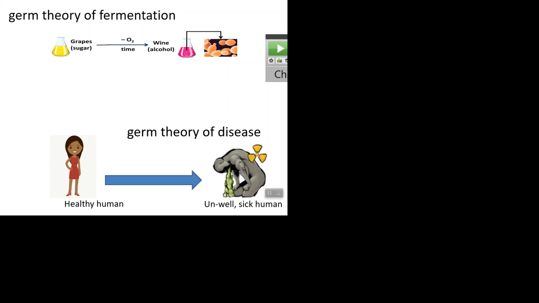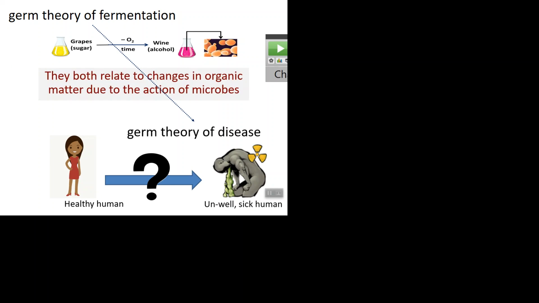Germ theory of disease: healthy human, sick human, excuse the gross picture. So the connection is exactly what you chose in the previous question. They relate to changes in organic matter. These are certainly organic beings; we're organic matter as well.